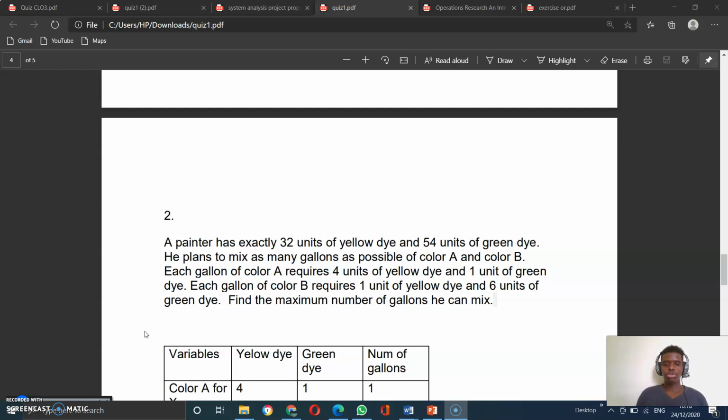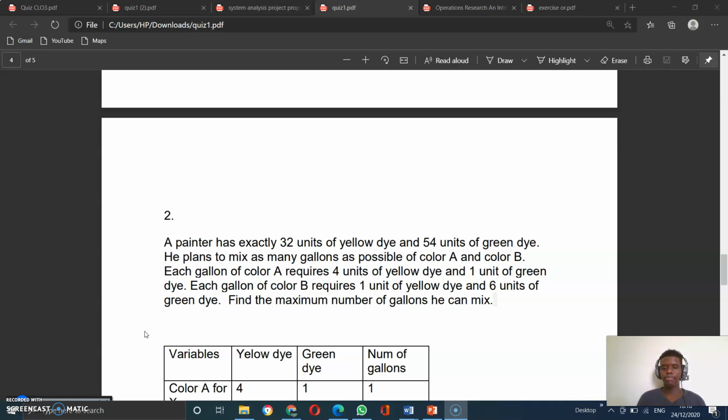So today we are going to talk about question 2. Question 2 says a painter has exactly 32 units of yellow dye and 55 units of green dye. He planned to mix as many gallons as possible of colors A and B. Each gallon of color A requires 4 units of yellow dye and 1 unit of green dye.